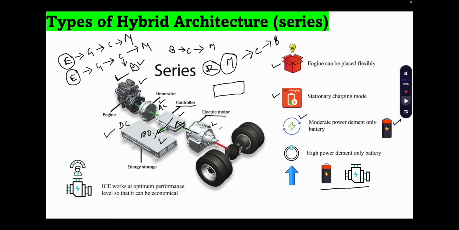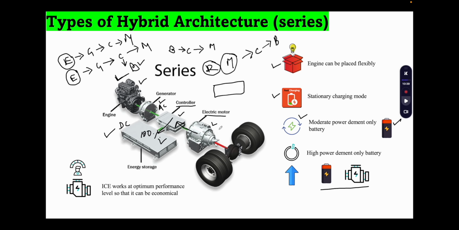But as you can see, there are many power conversions happening over here. You are producing mechanical energy, and from the mechanical energy of the engine you are generating electrical energy. So here the energy is being converted from mechanical to electrical. Again, you are leveling up the voltage or changing the current, the manipulation of the source in the controller.